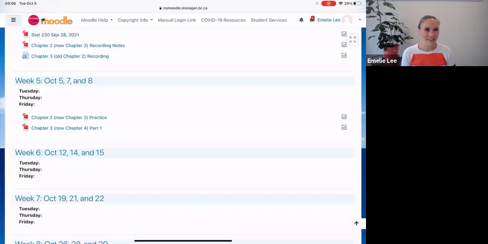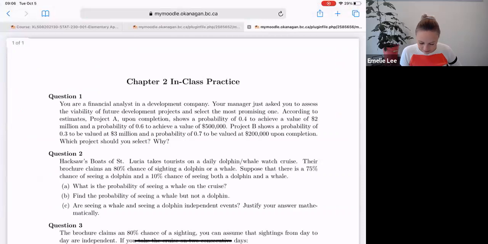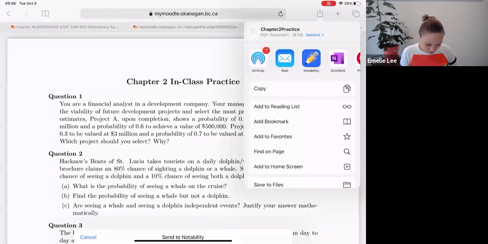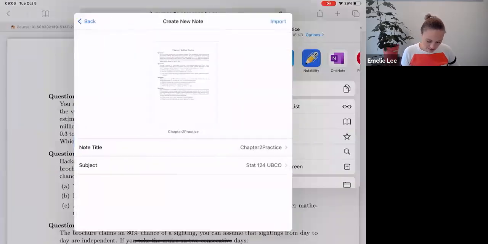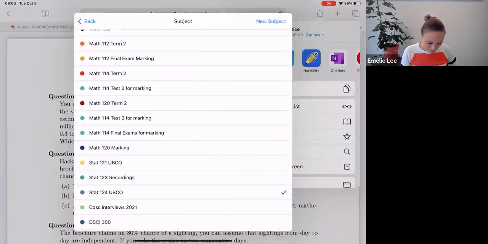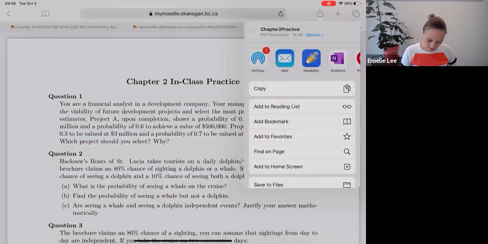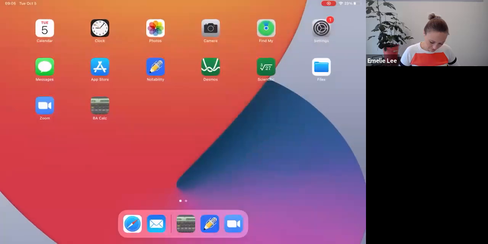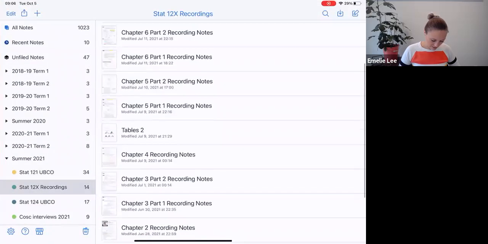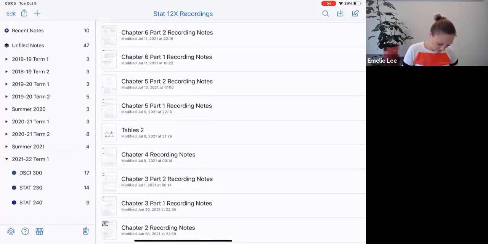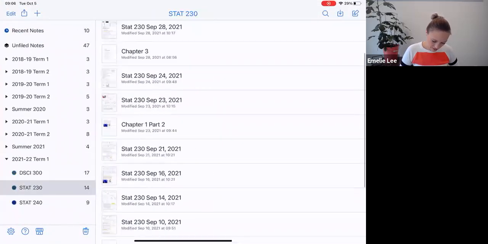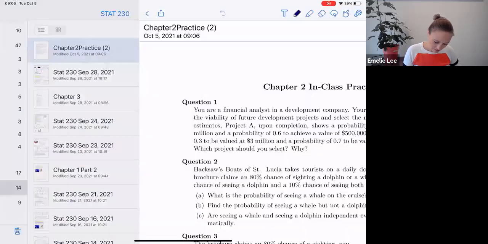So the chapter 2 practice, which is now chapter 3, very confusingly, I am going to bring it in, and it's that last question that I want to focus on in particular. So let me see here. Close that. Open here. Okay.